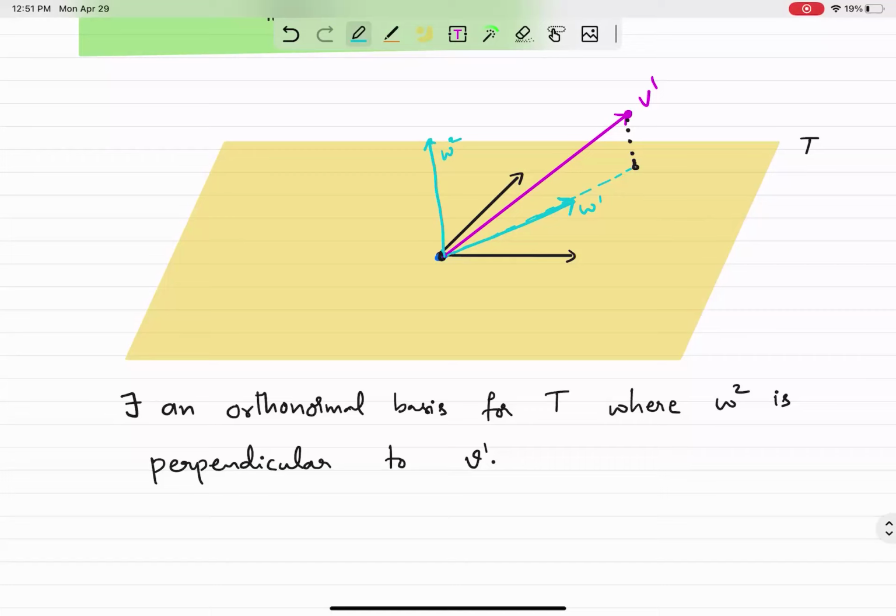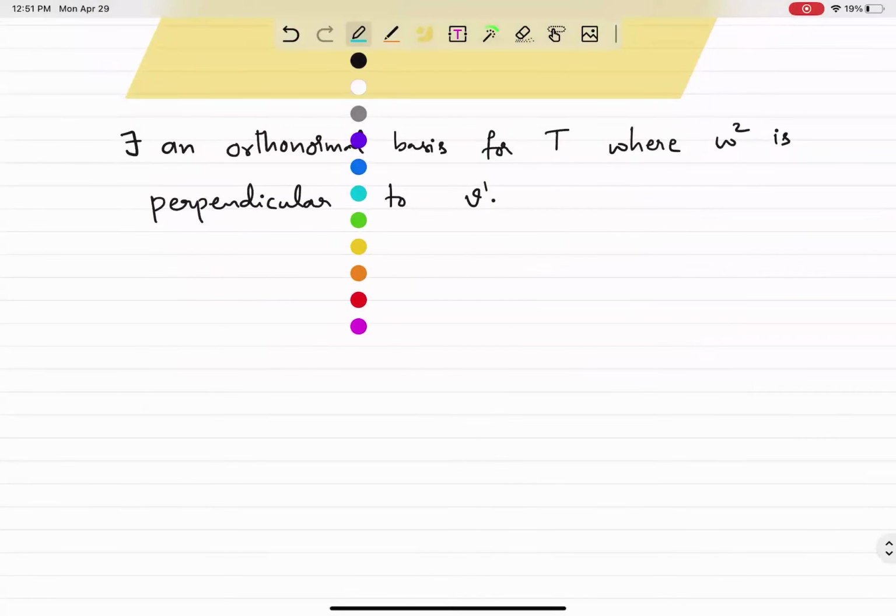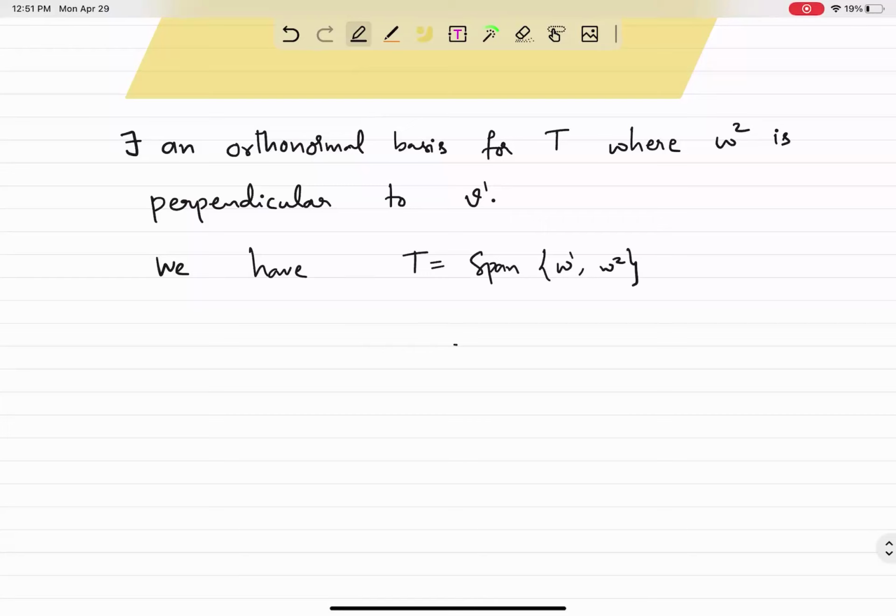So what does this buy us? What do we have now? T is the span of W1, W2. And we know that W2 dot V1 is 0.